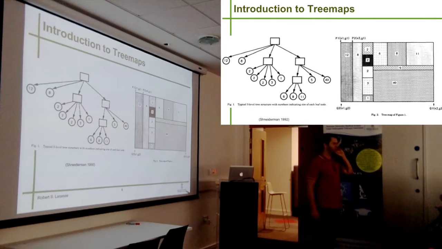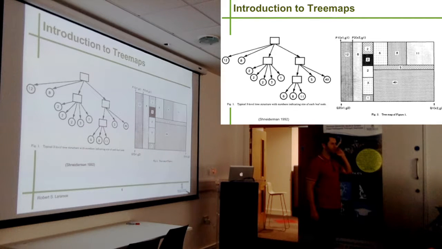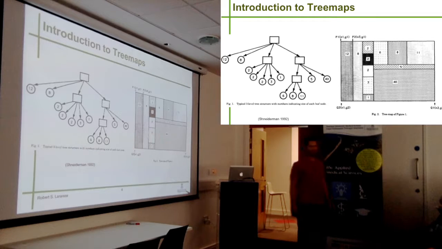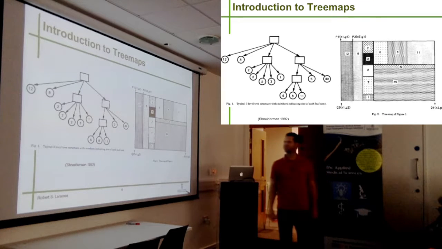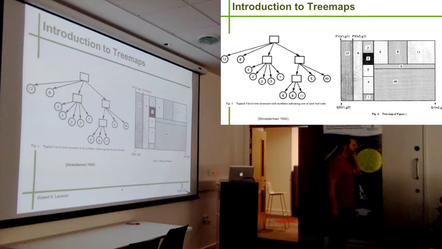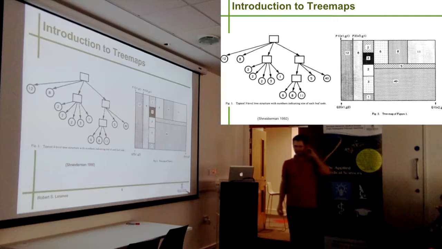Can anybody think of a more typical, common hierarchical data that you're confronted with daily? What about biological taxonomy, like animals? Yes, a taxonomy is a great example. Ontology. An ontology, yes.